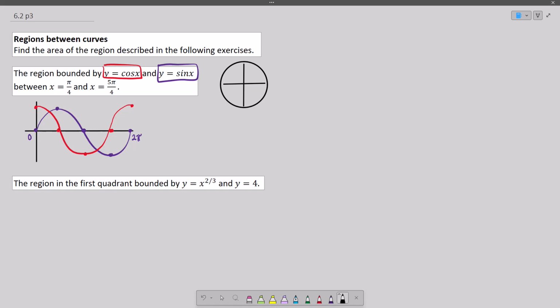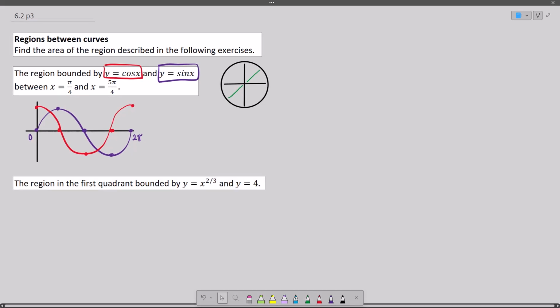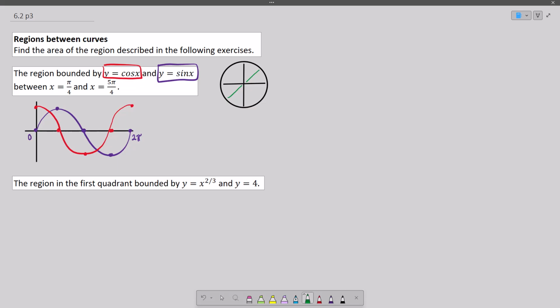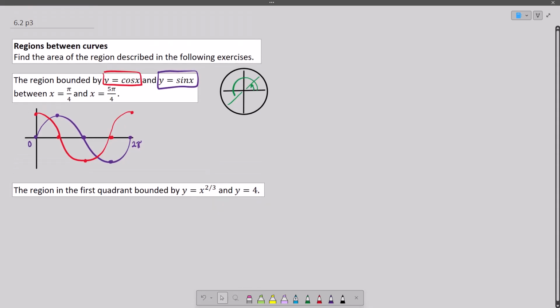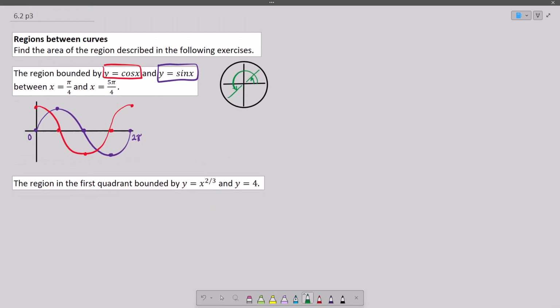If we think about these angles here, pi over 4 is right there. 5 pi over 4 is over here, right? 1 pi over 4, 2 pi over 4, 3 pi over 4, 4 pi over 4, 5 pi over 4. So these are the two angles. This is the first angle, and then that was the second one. So those are our two angles.